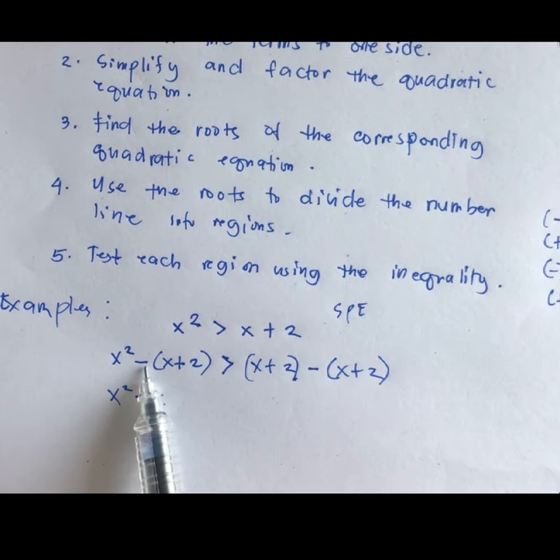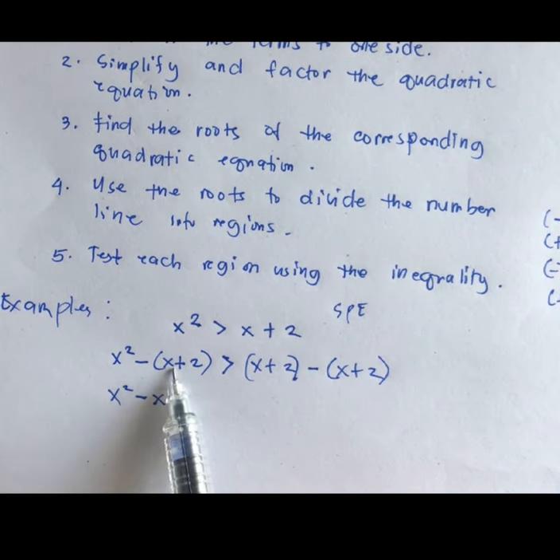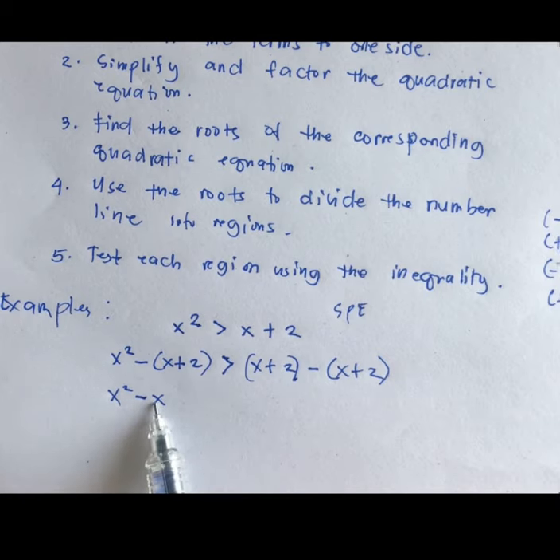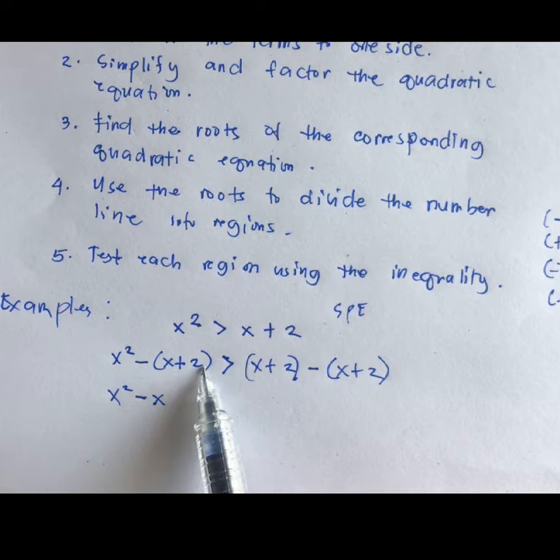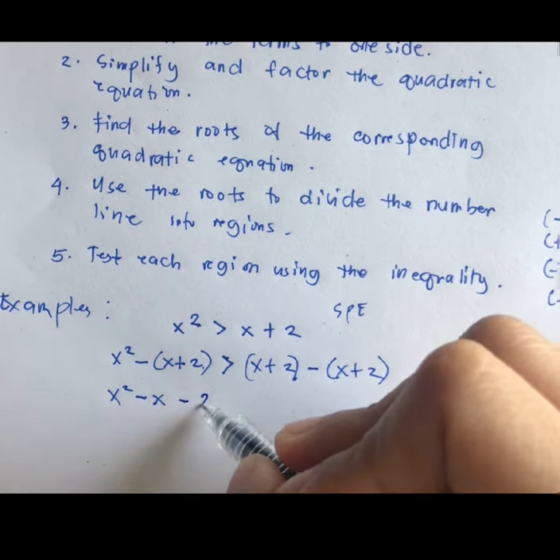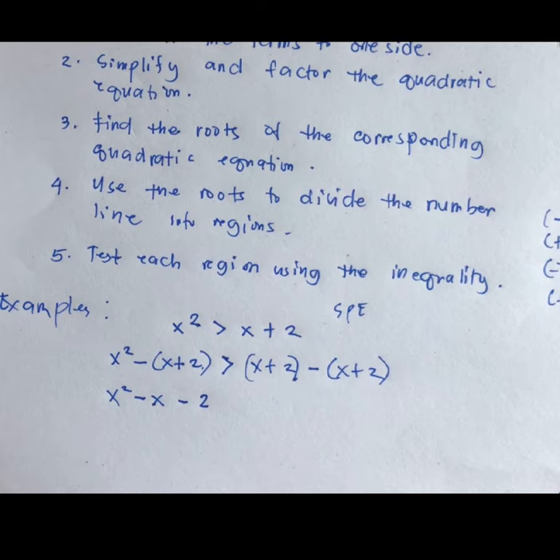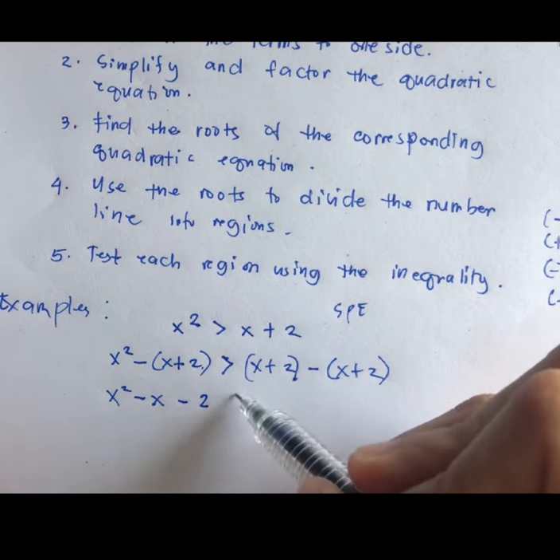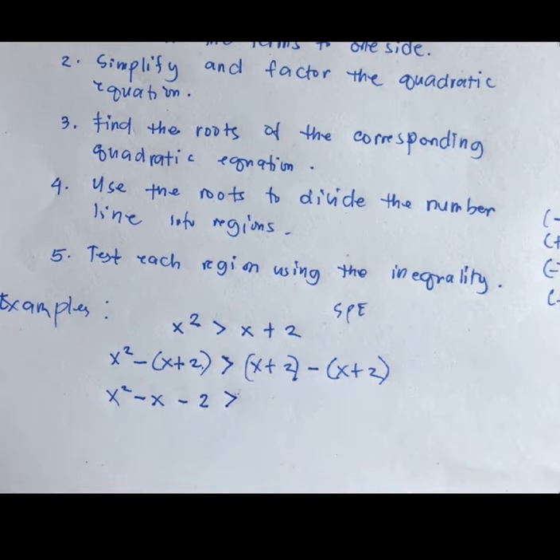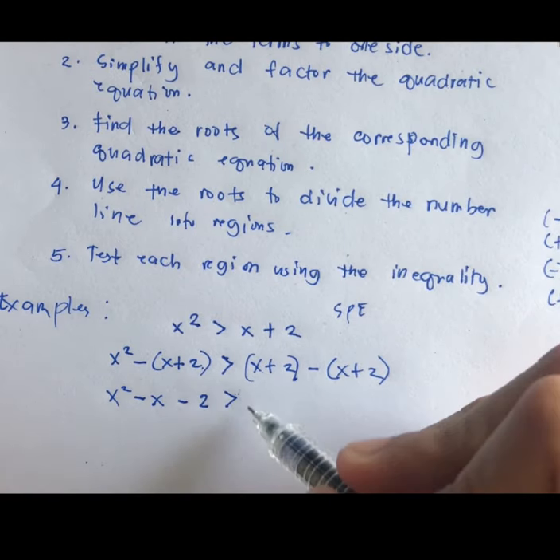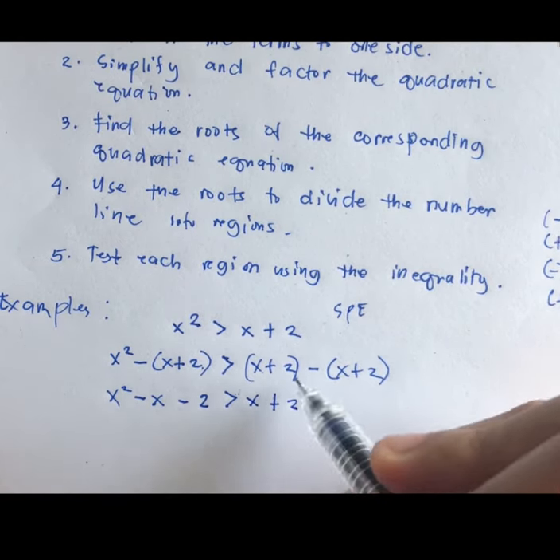So from here, negative times positive x, unlike signs, so we have negative x. Next, negative times positive 2, still we have negative. And then copy the constant 2. Next is to copy the inequality. So here, we have x plus 2. We just have to copy that.